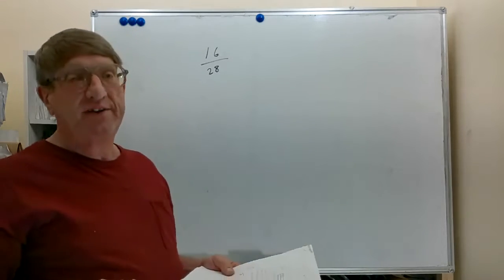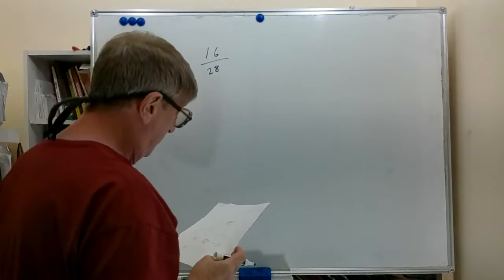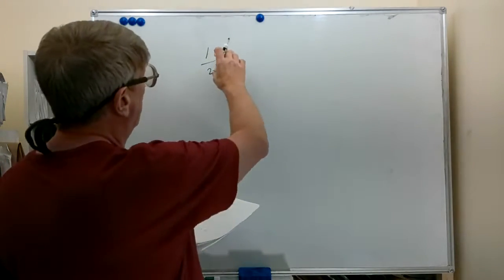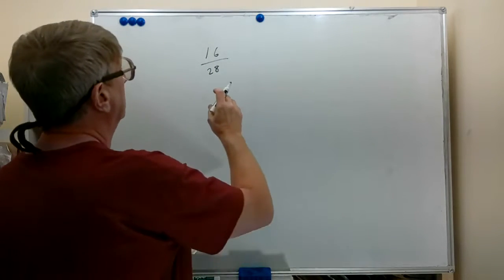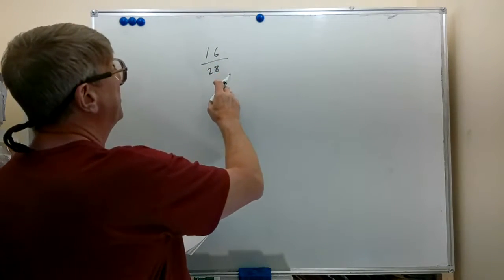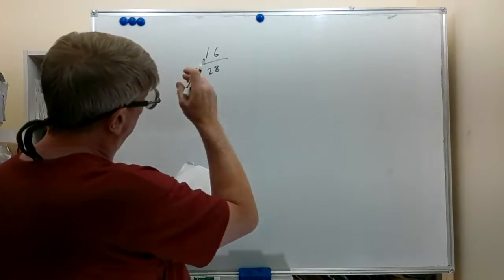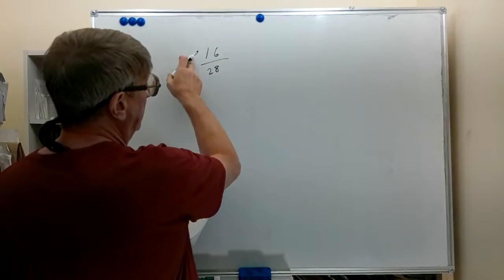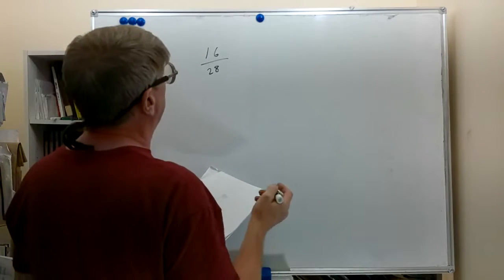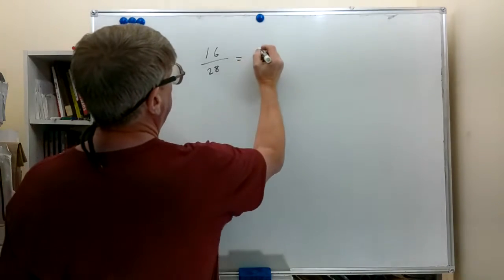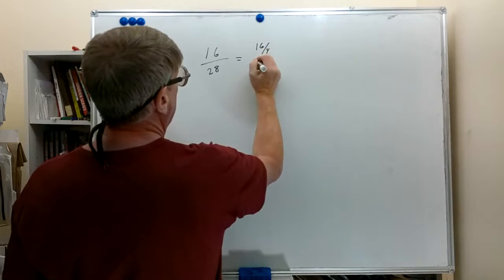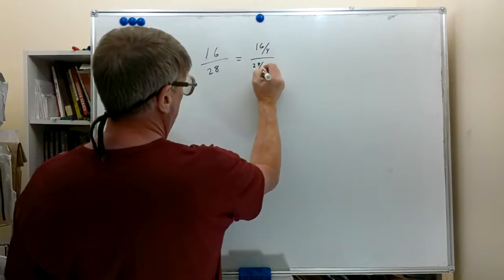We like to see fractions in lowest terms. That means that we have no common factors, no divisors that will both go into the numerator and into the denominator. Well, if you look at these, you can see that 16 and 28 are both going to be divisible by 4. So if we take 16 over 4, and 28 over 4.